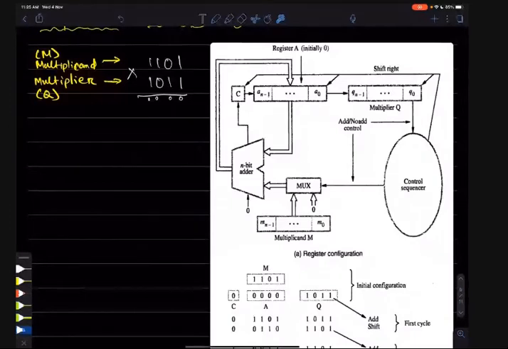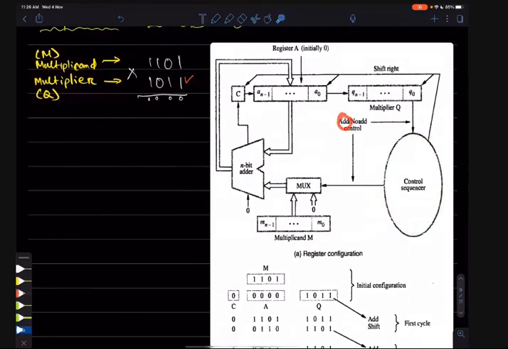Let's start with the first step, that is multiplication of the first bit. You have seen the first bit is 1. How will this circuit know the first bit is 1? This is the first bit, Q0, and it is connected to a control sequencer. The control sequencer will do two things, because the Q bit can be 0 or 1.